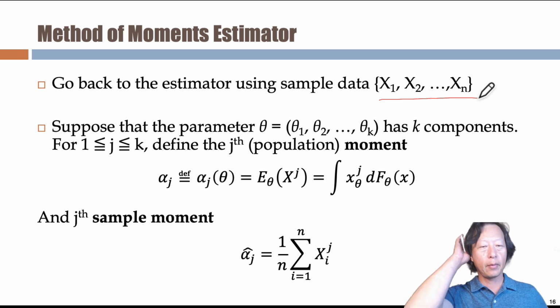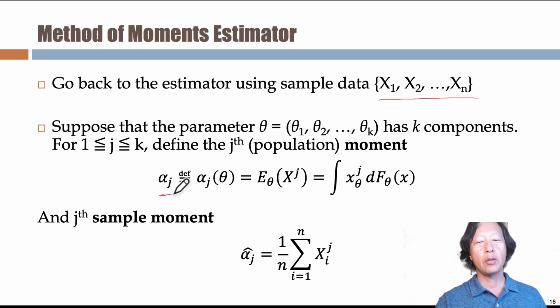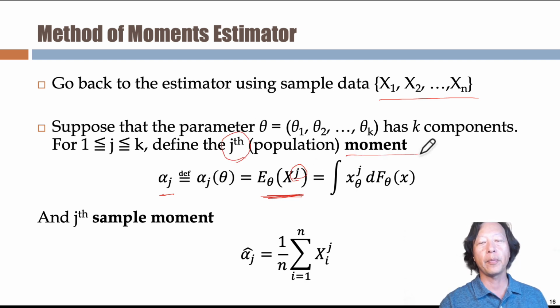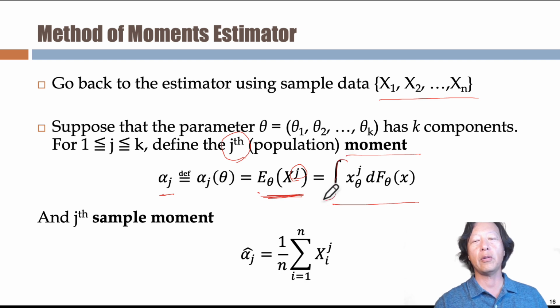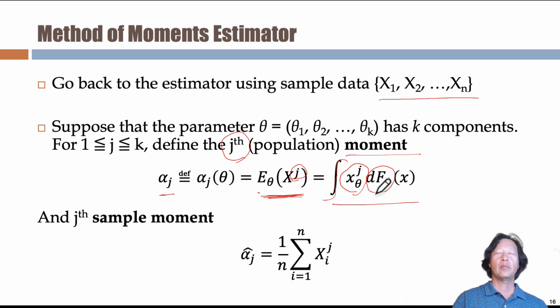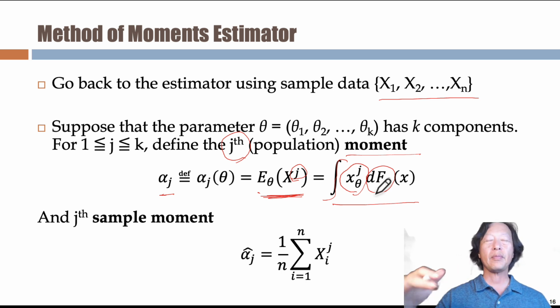And then the jth moment will be defined in this way, x to the power j, because it's the jth moment. Since this is an expectation, you calculate the integral of the value times our PDF.